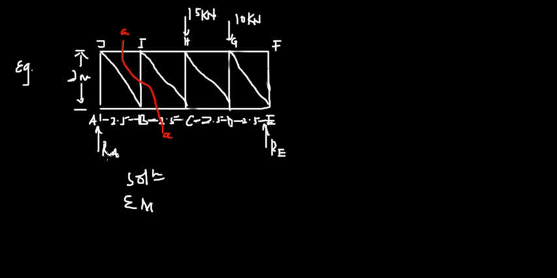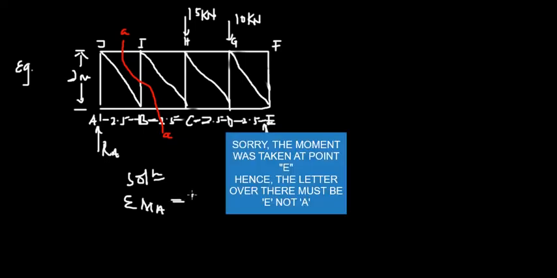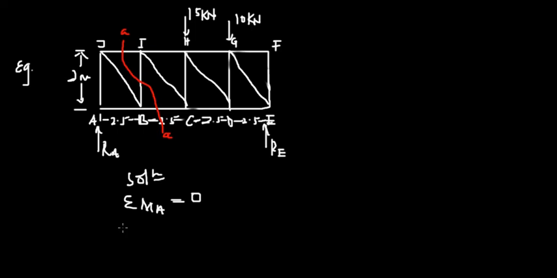So it's very crucial we take the moment at point E so that we get the reaction at point A. Taking moment, we equate that to 0, so that means we multiply the reaction by the distance. That's what moment is: moment is equal to the force times the distance.